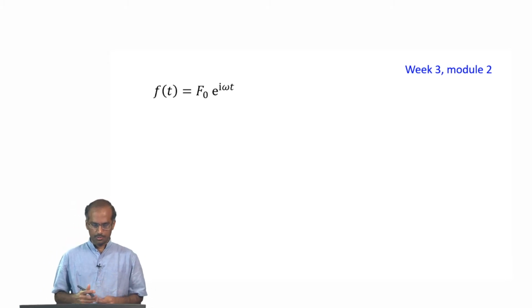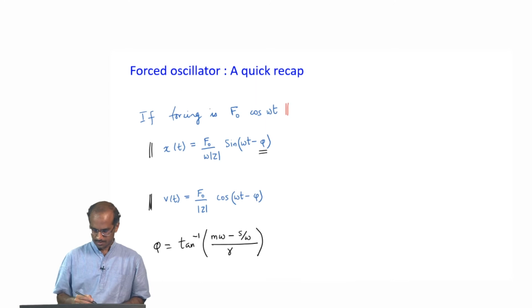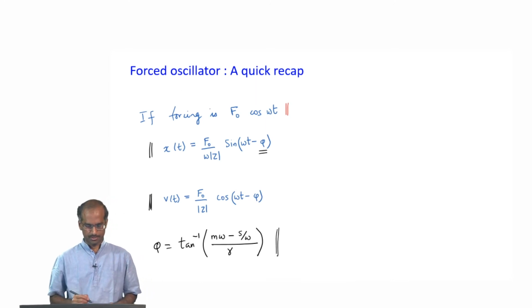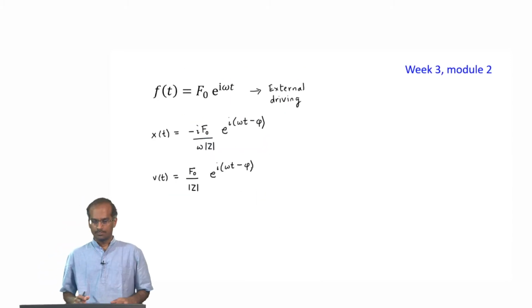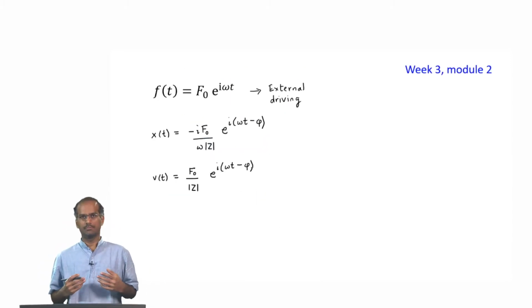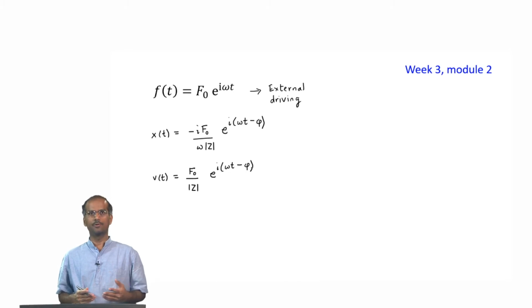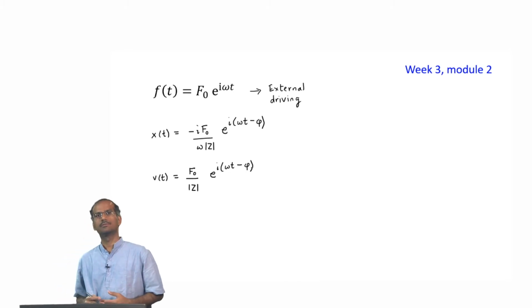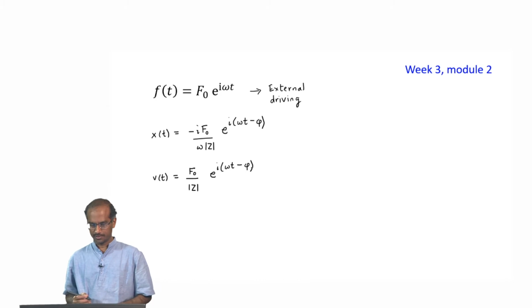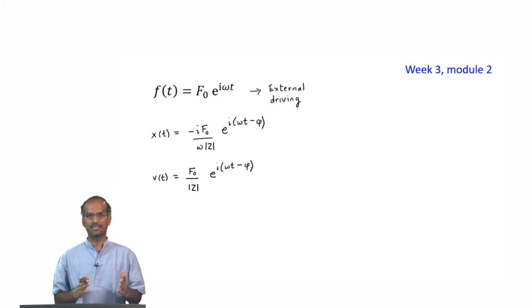But before we do that, let us take a closer look at this equation. I have the solutions written down here, and if you look at the first one, which is the displacement as a function of time, you will notice that there is a minus i in front of it.